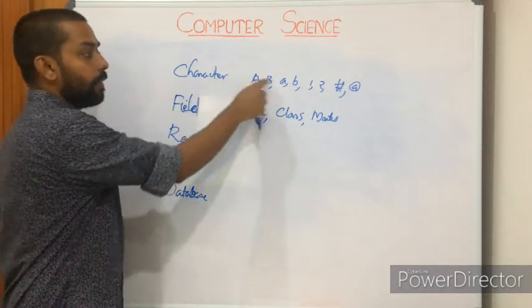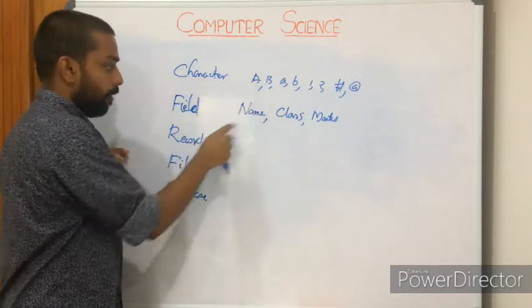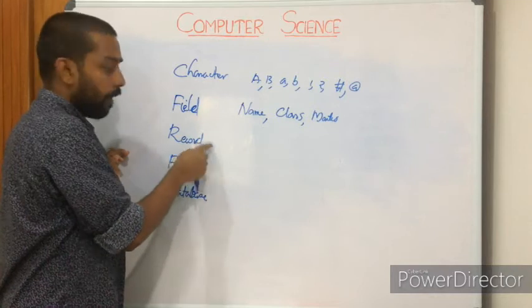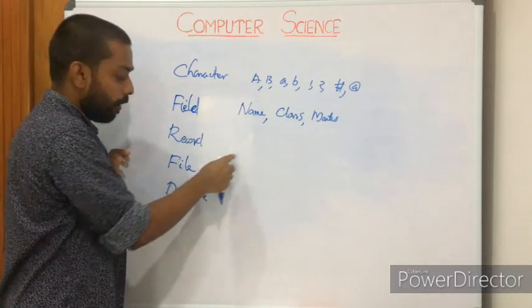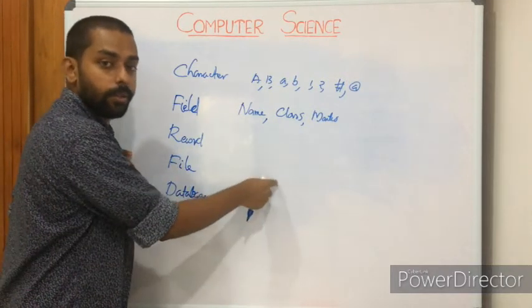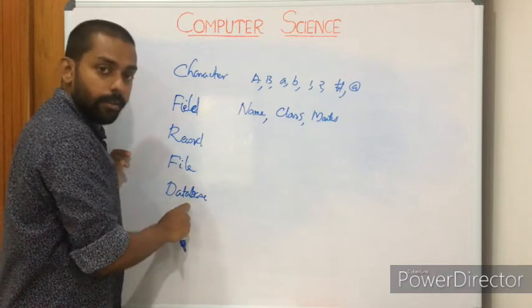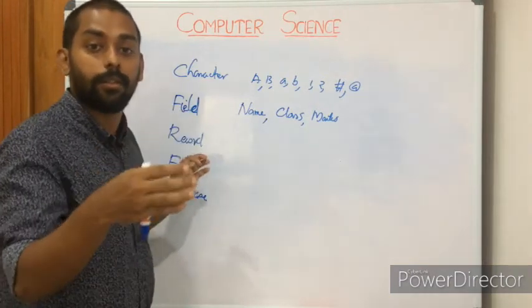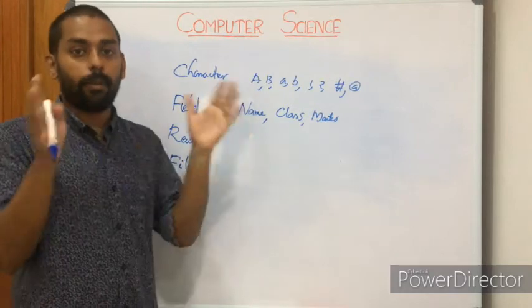Character means ABCD, field means name, class, marks, record is the progress report of a single student, file is the progress report of all the students in a class, database is the progress report of all the students in a school. Somewhat a bigger concept.